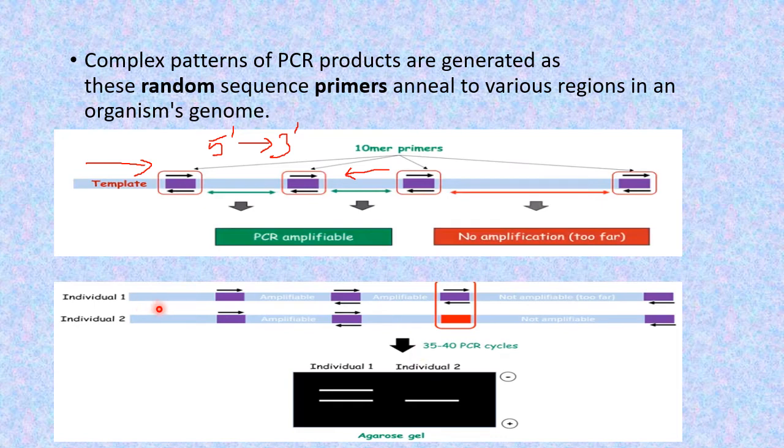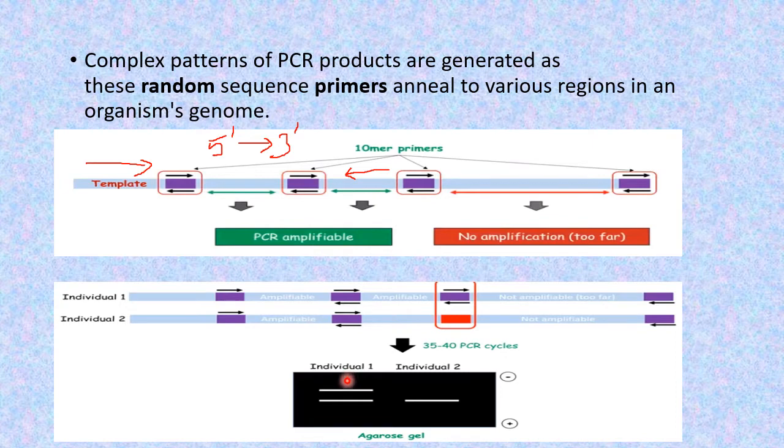Now if we obtain these RAPD markers for two different individuals, say we are using the same primer, and suppose at one point in one of the individuals, it is mutated. So in that case, that particular fragment will not amplify, because now these primers are too far apart and no amplification will take place between them.